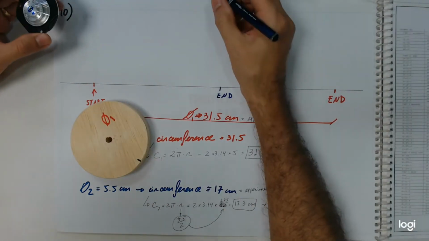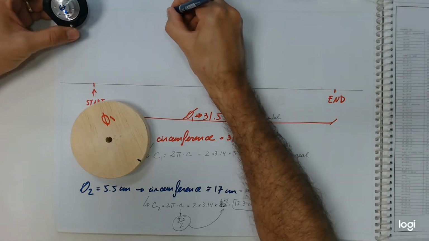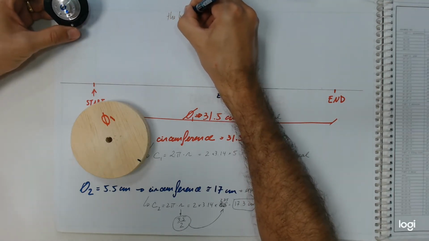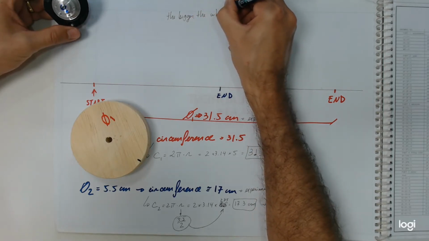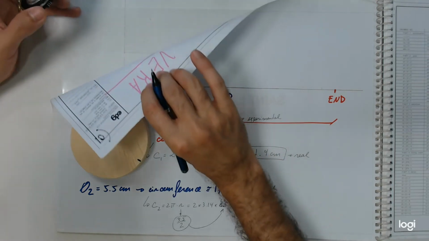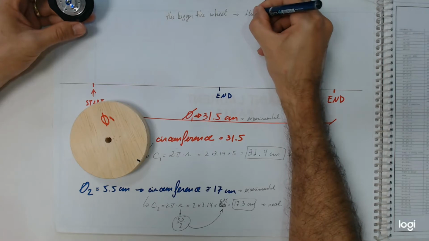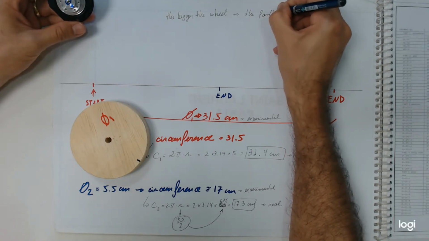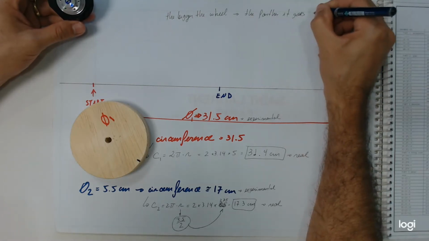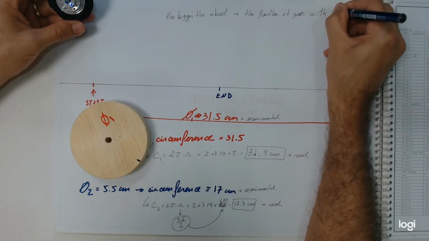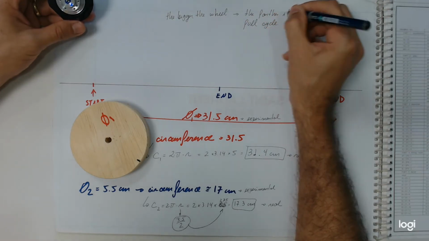So, one conclusion is this. Let's write here, because if you don't understand this, there is no point even starting that exercise. The bigger the wheel, the farther it goes with one full cycle.